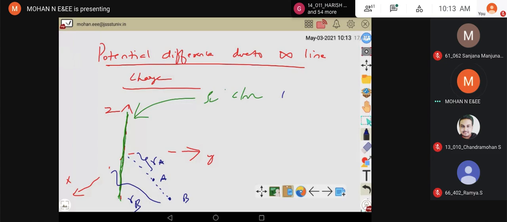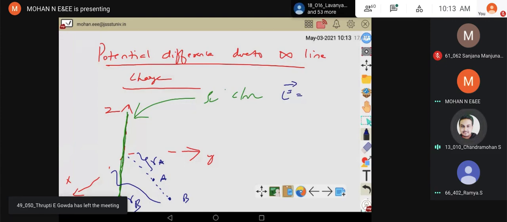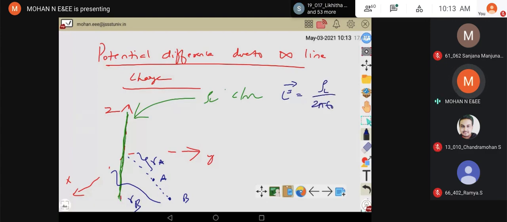What is the electric field intensity due to an infinite line charge? Can you just recall? So rho L by 2 pi epsilon naught R, exactly, and it will be in the direction of the radial vector.